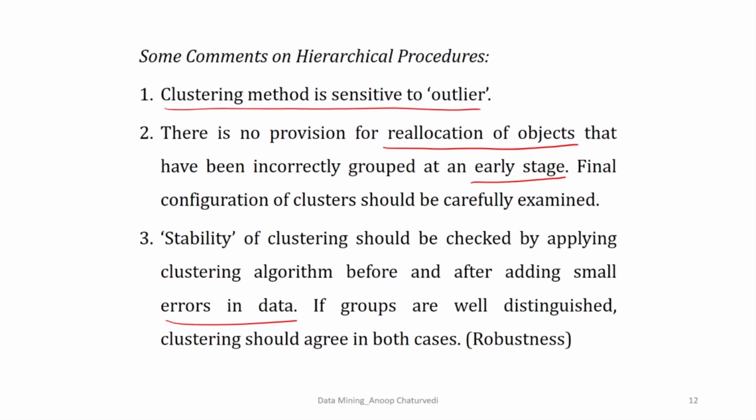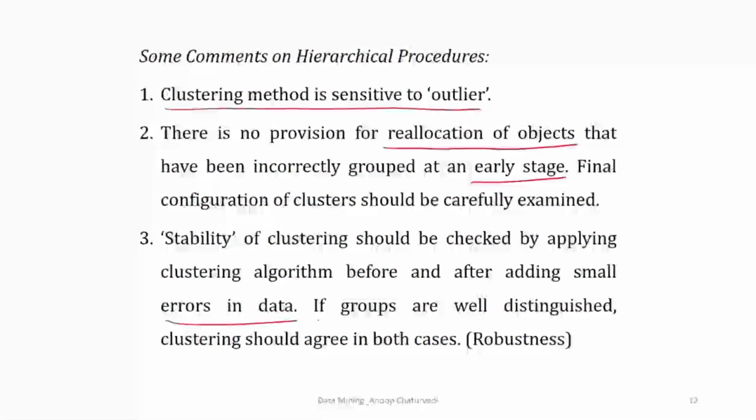Whether adding small errors in data has any severe effect on the clustering, or the clustering remains unchanged. If the clustering remains unchanged, then you can say that your clustering is quite stable.